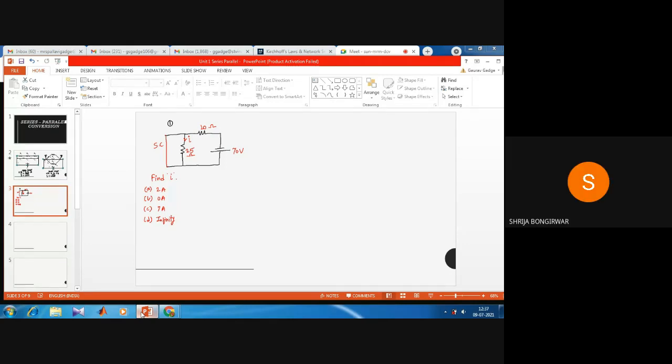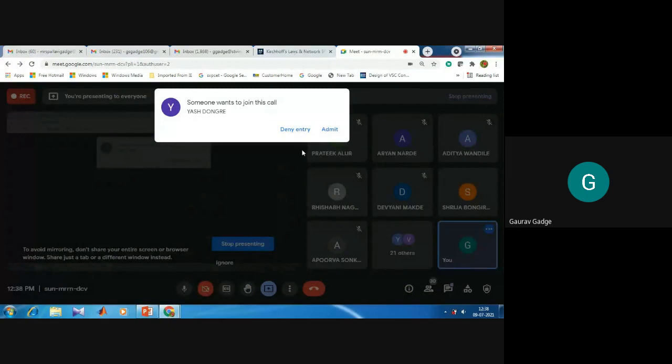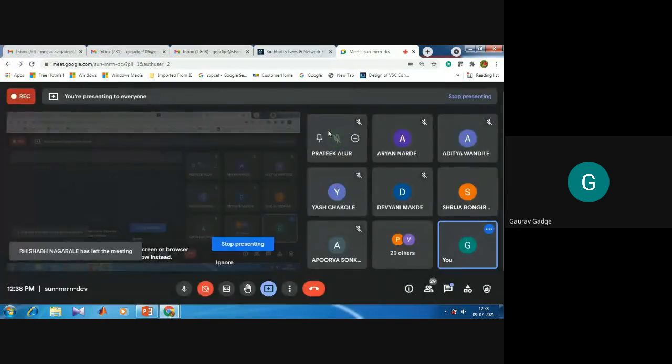Option B, 0 ampere. Yes, come on, fast. Anyone? 0 ampere.